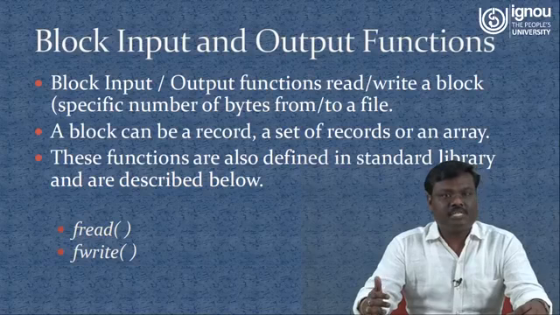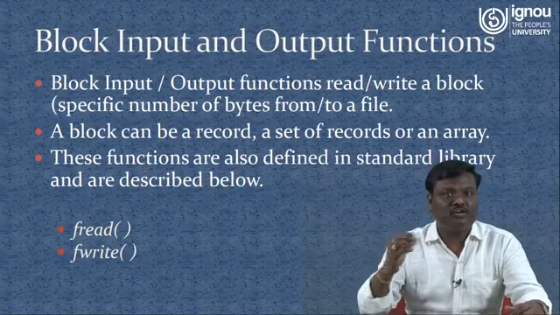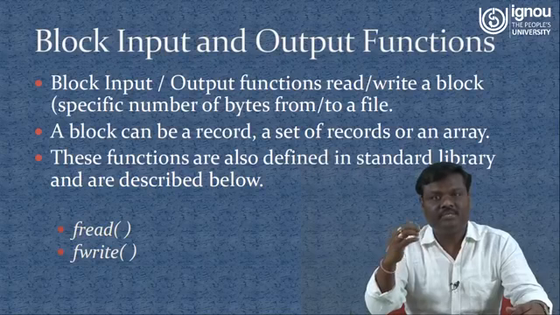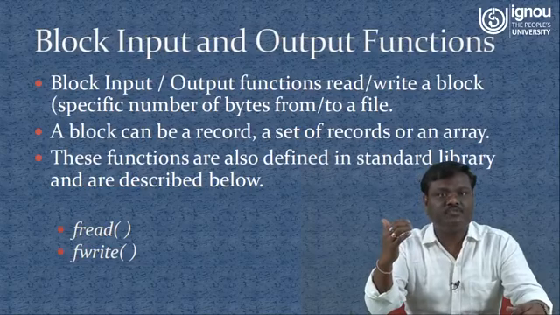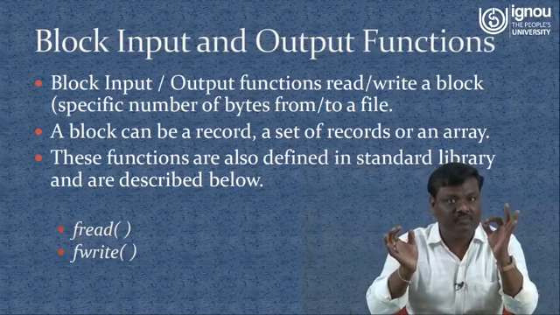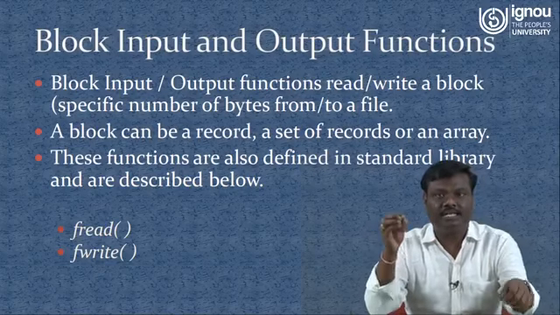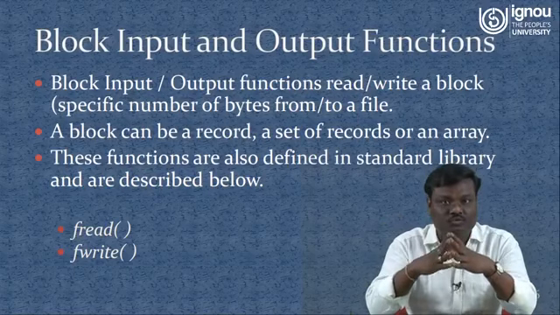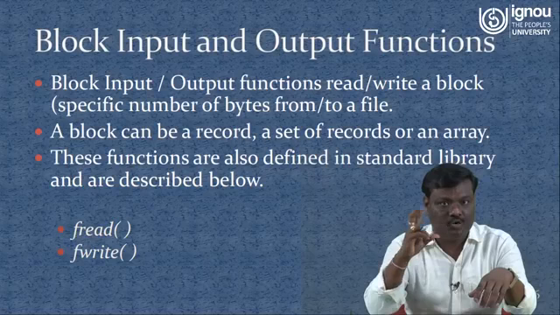Then comes, suppose not line by line or not the formatted kind of input like real numbers or characters. Suppose you want to read the complete block, that is, we indicate the start point and the end point within the file, and we treat those delimits as a block.